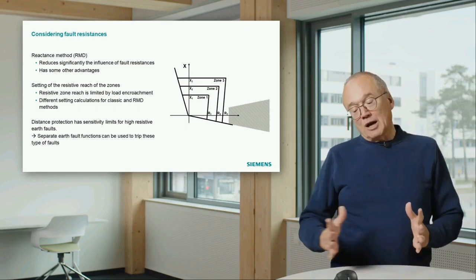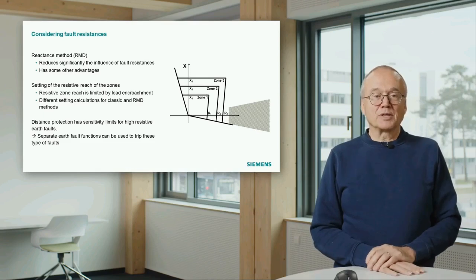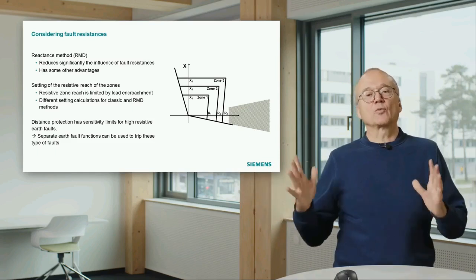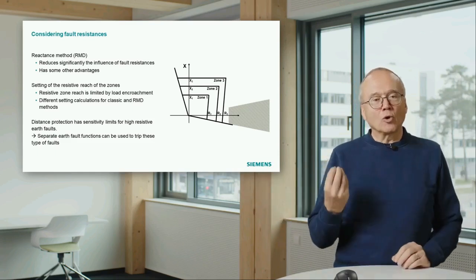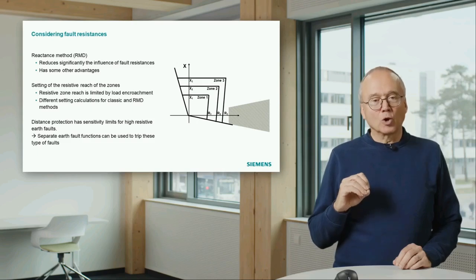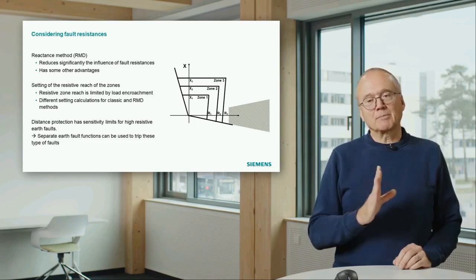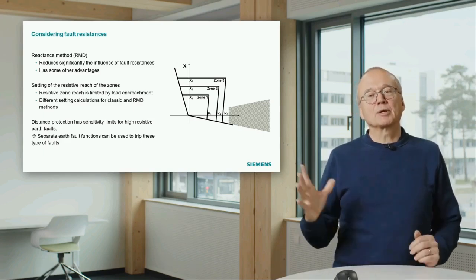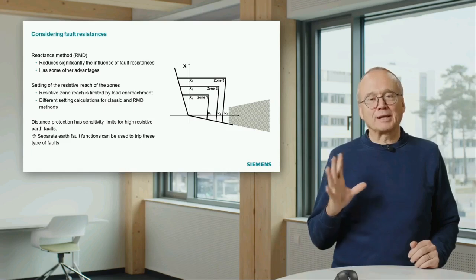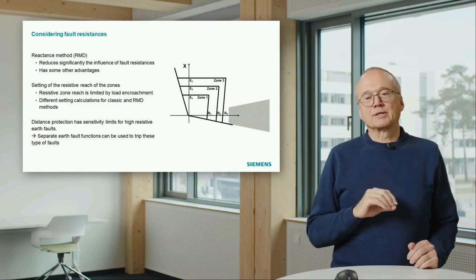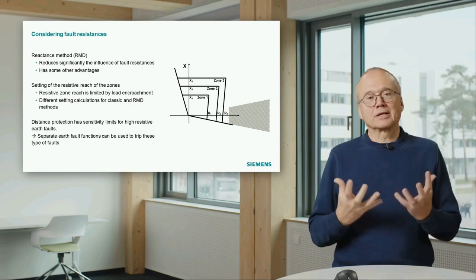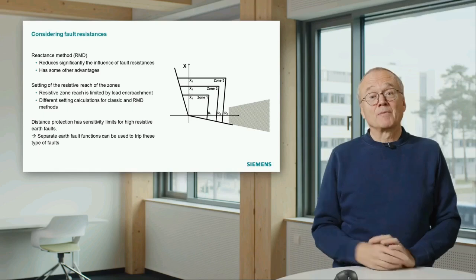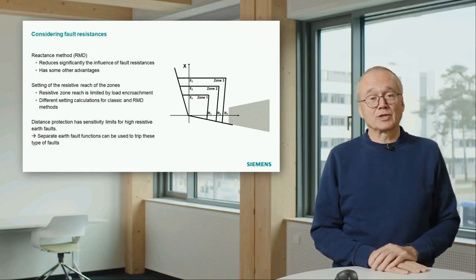If we talk about how wide can we set the resistive reach of the zones, you think, yeah, let's set it very wide so we make the relay sensitive. We always have to think about load encroachment. That means we cannot make it as wide as we would like, because we always have to avoid that a load point, during a heavy load situation, a critical network situation where something happened but no short circuit, suddenly moves into the characteristic and trips.